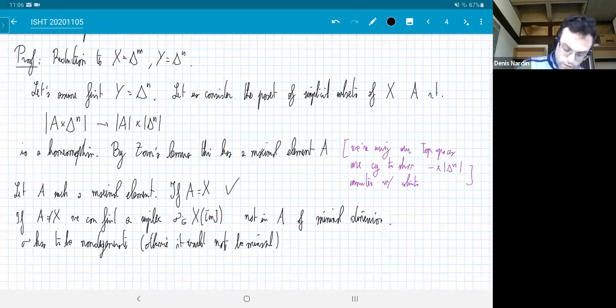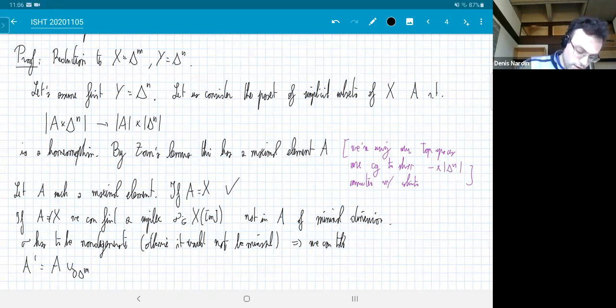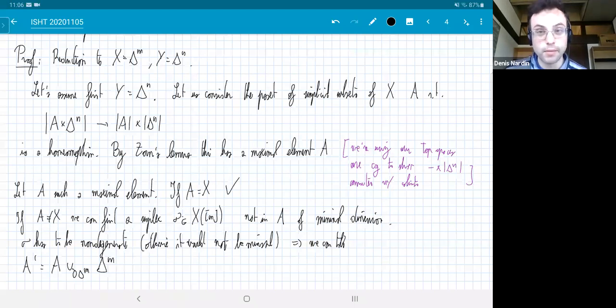So we can take A prime, which is A union over the boundary of delta M along sigma. So it's the simplicial subset containing A and sigma.